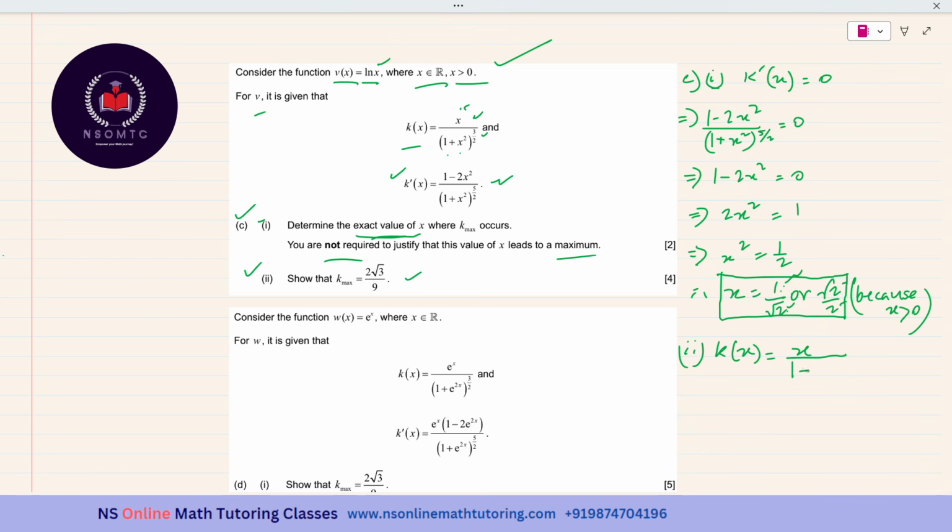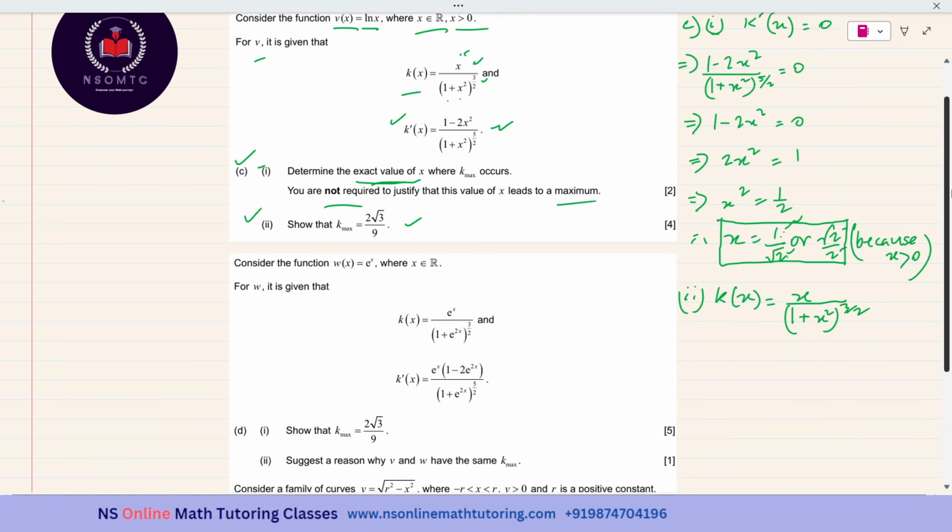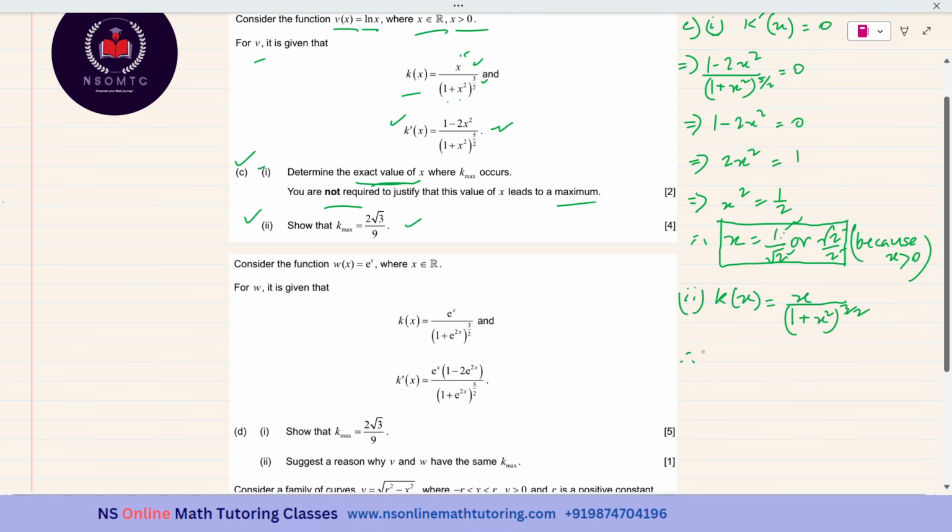So 1 plus x square raised to the power of 3 over 2. So therefore, k max should be equal to, I am writing 1 over root 2 for x, and it is 1 plus 1 over root 2 whole square, and this whole thing is getting raised to the power of 3 over 2.